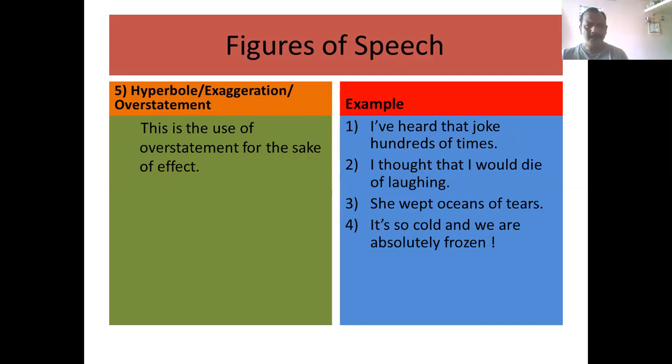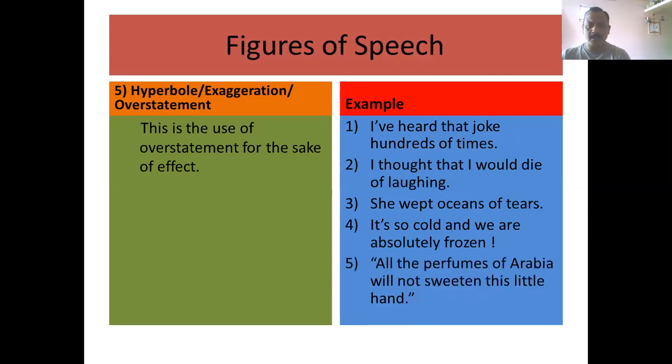Actually, if we are frozen, we cannot be alive there. But the poet wants to say like this. Frozen is the word used there to show the overstatement, exaggeration, or hyperbole. So in this line also we will find that hyperbole is there.